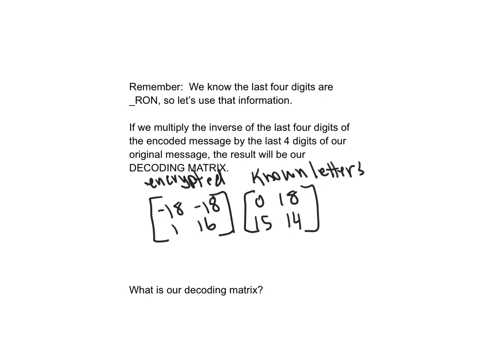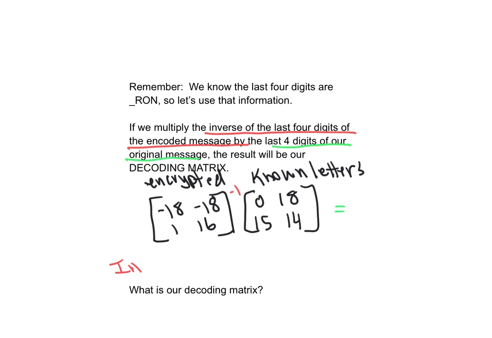So what we are going to do is multiply the inverse of our encrypted message times what we know. So again, we're going to take the inverse of the encoded message. I don't need to write it. We multiply that by the last four digits of our original message, and this will give us our decoding matrix.